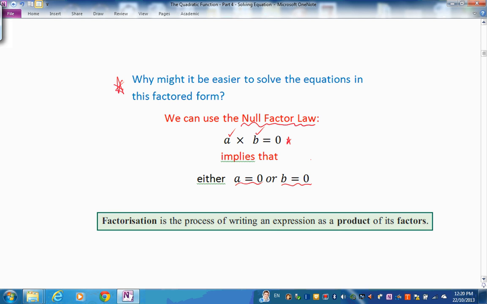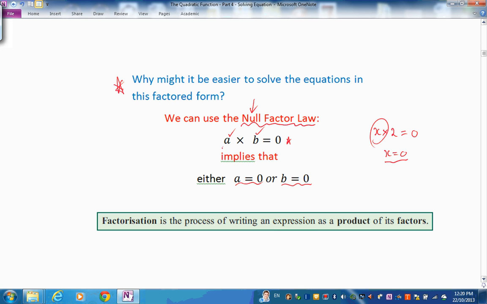I guess you always knew that. If I say x times 2 comes to nothing, the only way is that x is 0 itself. The Null Factor Law says that if you have a product of factors equal to 0, then one of those factors must be null, or nothing itself.